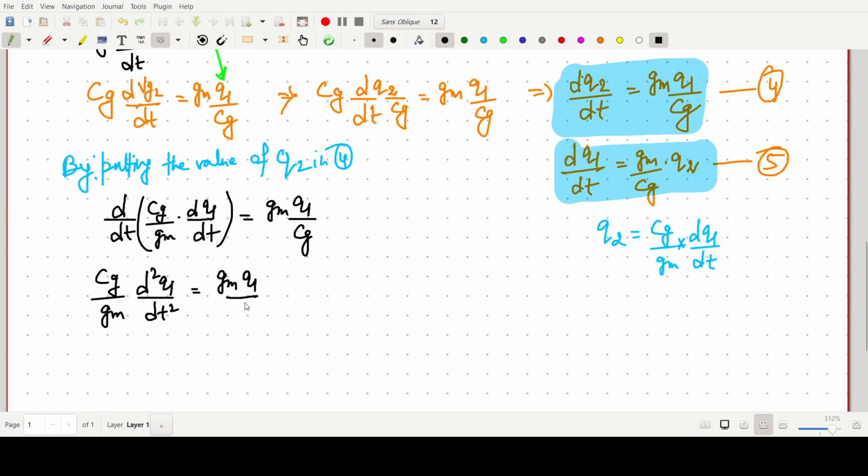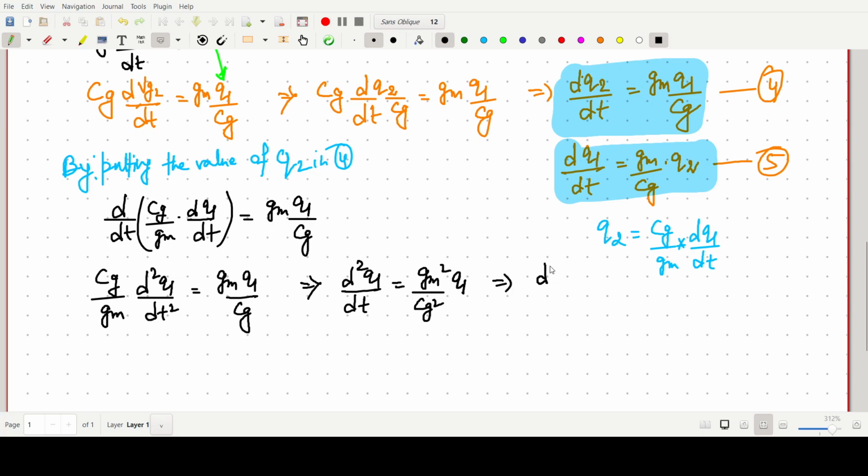So we get d2Q1 by dt squared equals Gm squared by Cg squared times Q1.